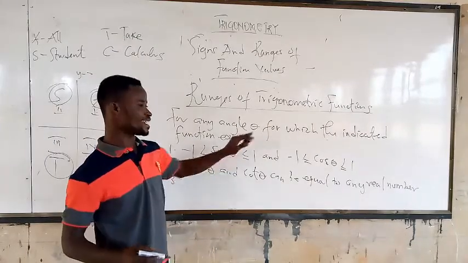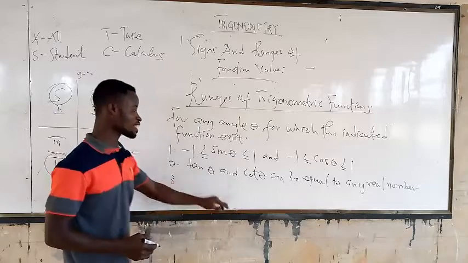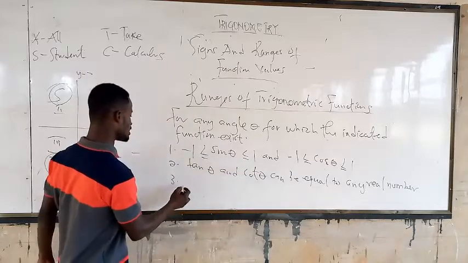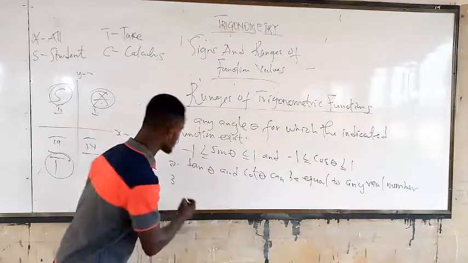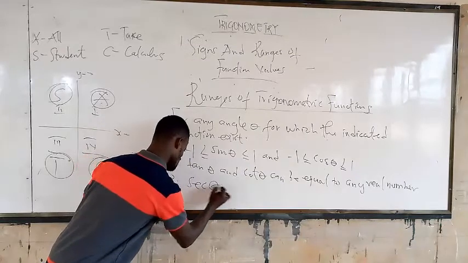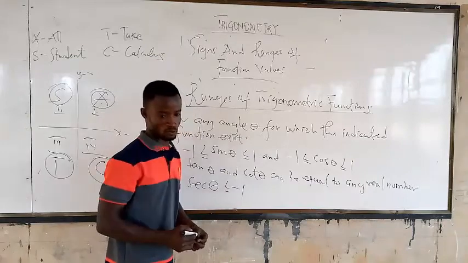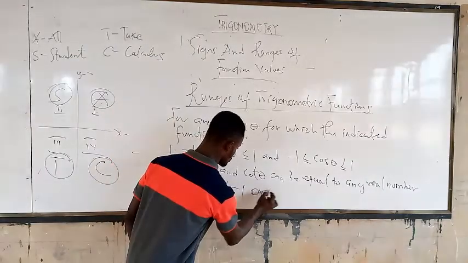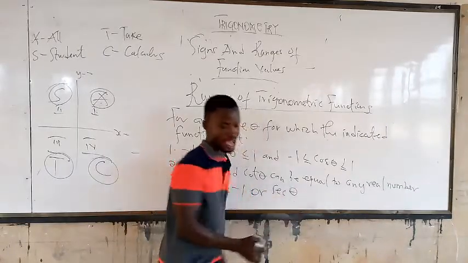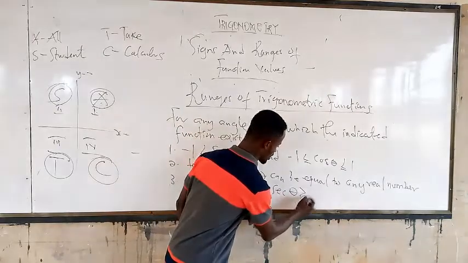So this is for sine and cos. This is for tan and cot. This is for sec. Sec theta is less than or equal to -1, or sec theta is greater than or equal to 1.